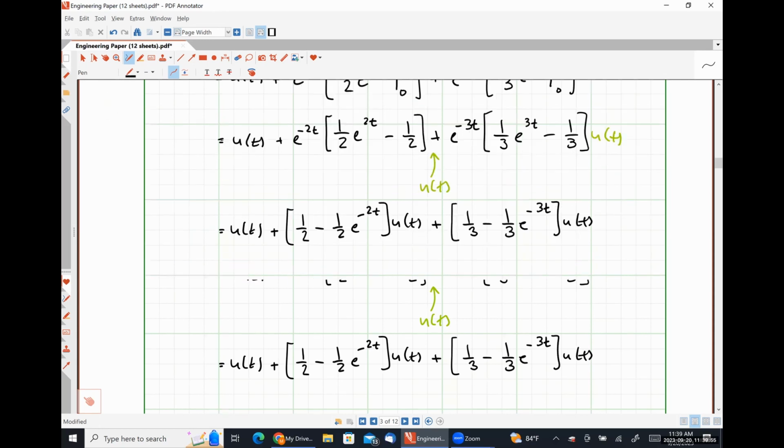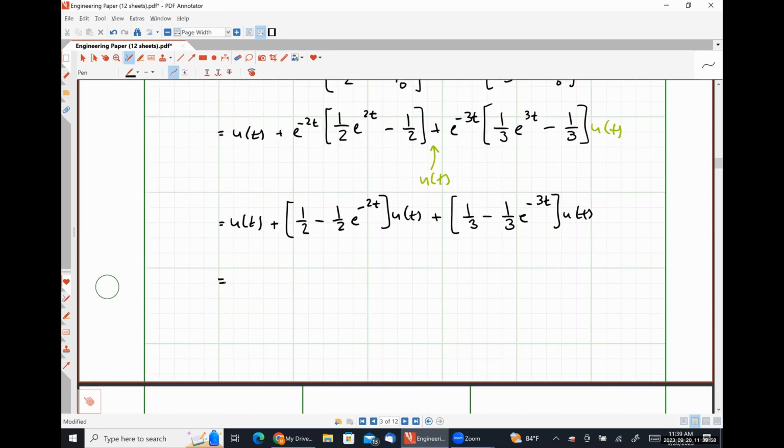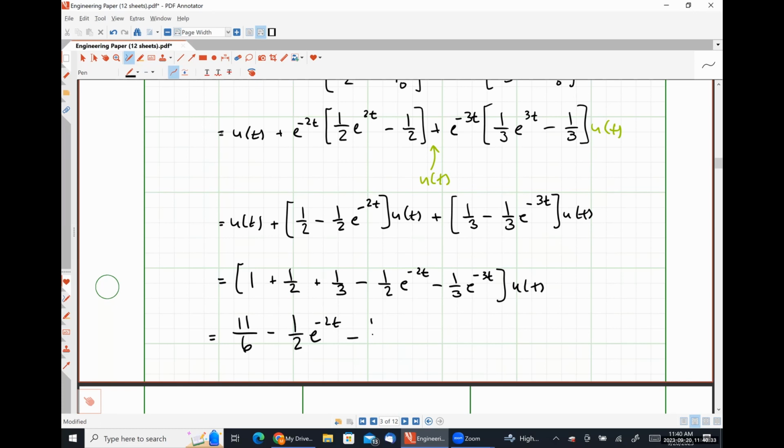And grouping like things together, I'm going to have 1 plus 1/2 plus 1/3 minus 1/2 e to the minus 2t minus 1/3 e to the minus 3t, all times u of t. 1 plus 1/2 plus 1/3 is 11/6 minus 1/2 e to the minus 2t minus 1/3 e to the minus 3t.